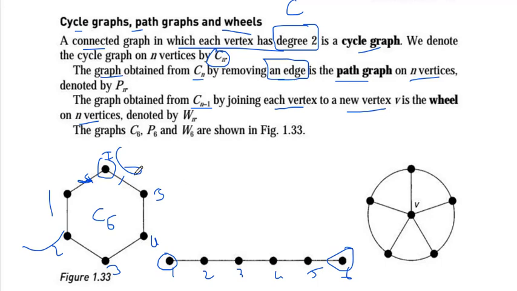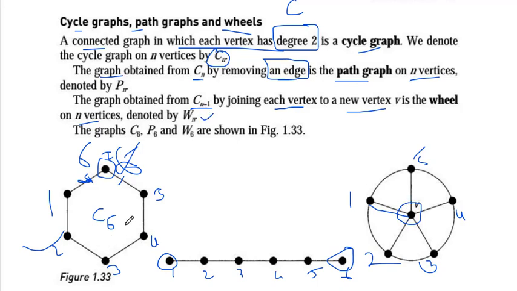Let's say I have removed vertex number 6, and again I add a new vertex v, which is connected with all the vertices, that is, with 1 2 3 4 and 5. First you remove one vertex, then add a new vertex, and this new vertex is connected with each vertex. It's called a wheel graph, and it is denoted by Wn.